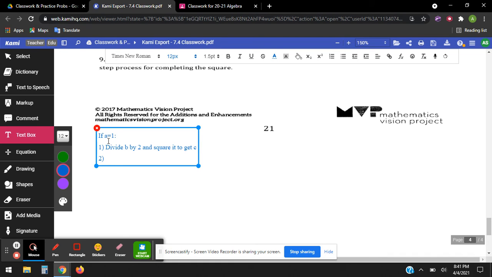And then we have to add b over 2 to x in the parentheses and subtract b squared over 4 from c.